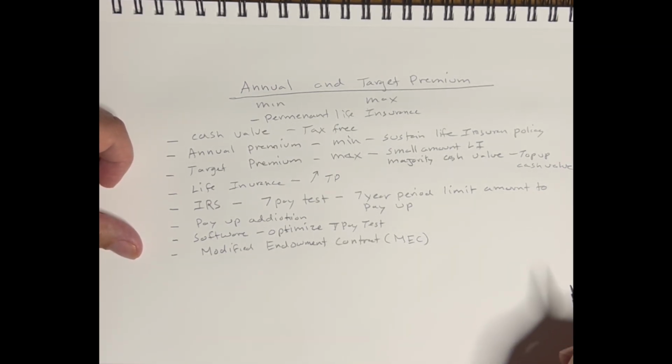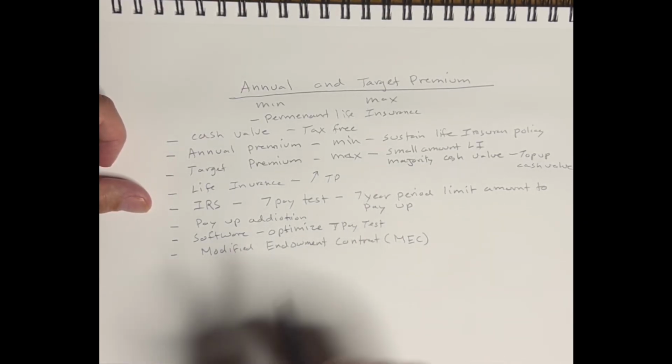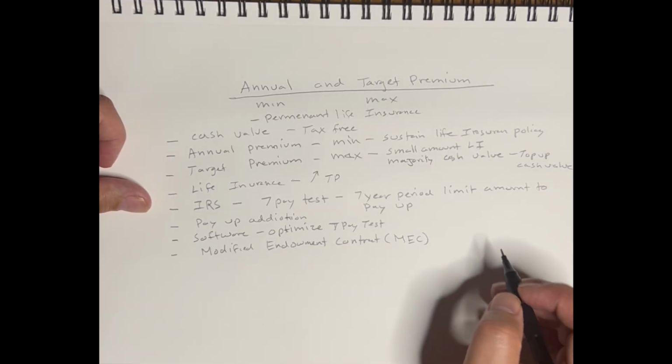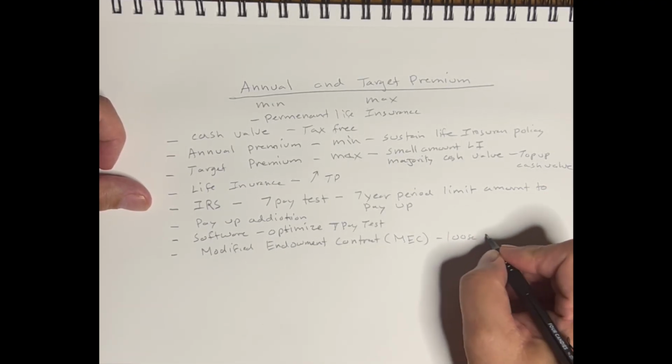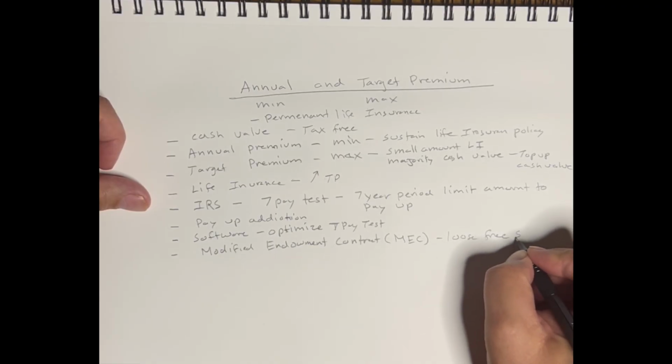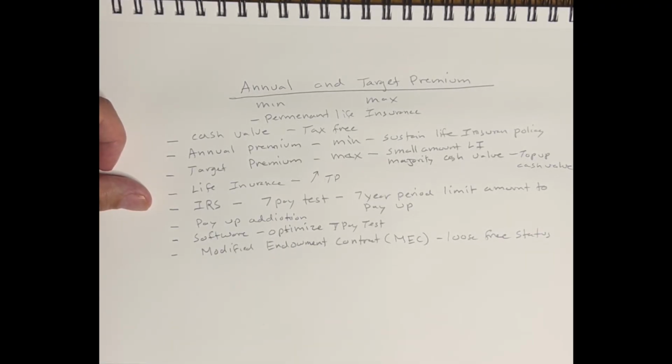Now, if you overpay above what the 7-pay test stipulates in the insurance contract, you lose your tax-free status. Once a policy becomes a MEC, it's always a MEC, and it loses its tax-free status.